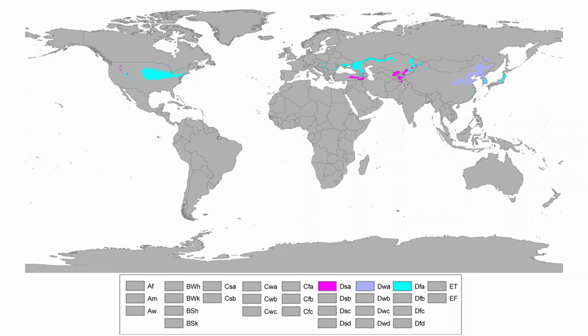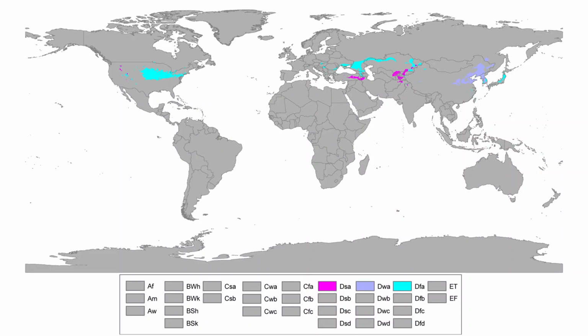So if we see here carefully, we get DSA, DWA, and DFA. The pink color over here is DSA, DWA is the purple color, and blue color is the DFA. So they exist in the subtropical latitudes as we go toward the temperate zones. While DSB, DWB, and DFB are now at certain higher latitudes than the previous case. So see this, DSA, DWA, and DFA are at relatively lower latitudes than DSB, DWB, and DFB.